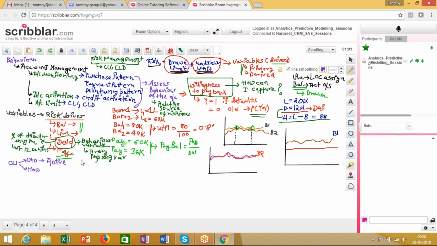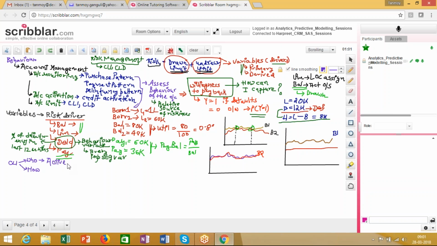So I do not have any risk from him as of now. There is no point in giving that guy a credit limit increase because he keeps his card idle. It might be that he holds his card for some reason, but he never uses his card, right? That is where active borrower becomes important. So first of all, I should choose those borrowers who are active.